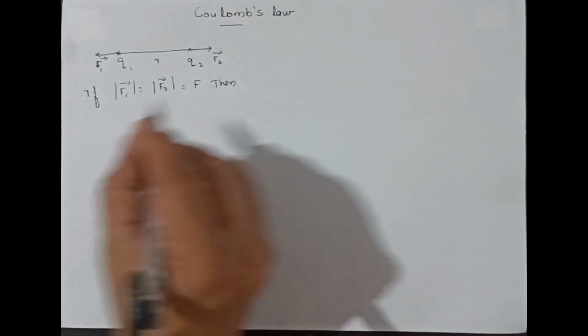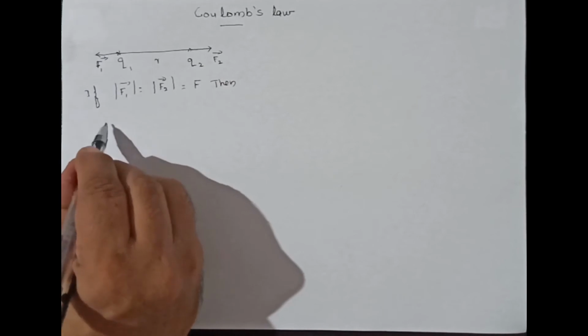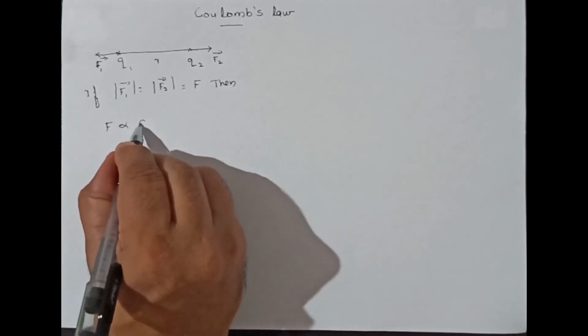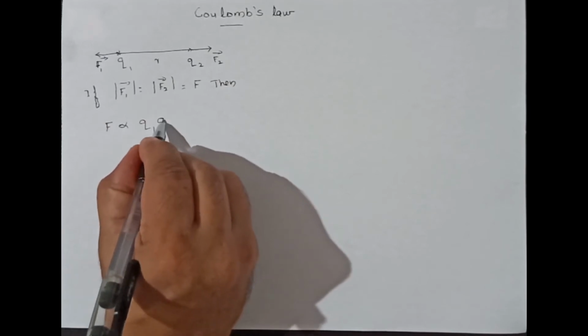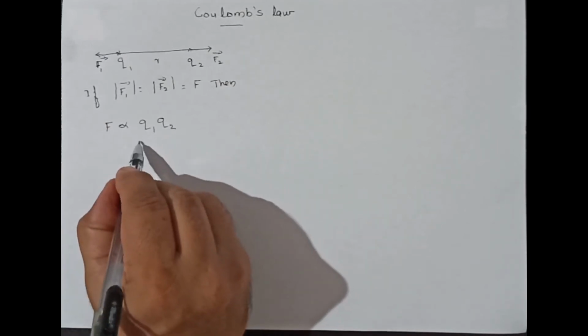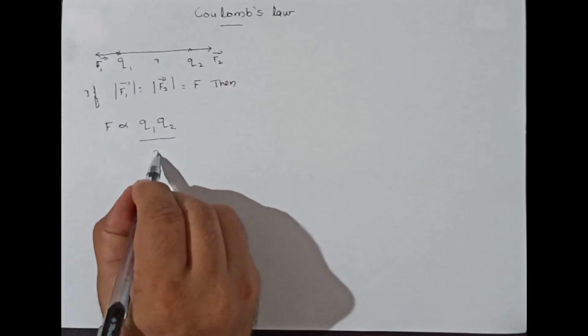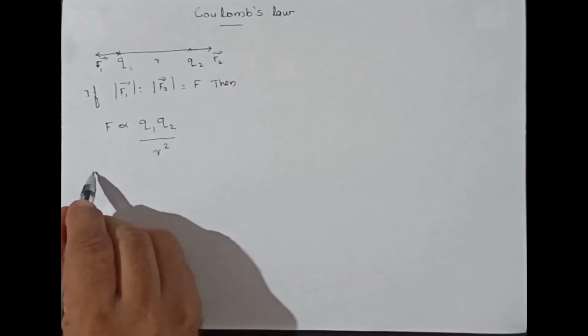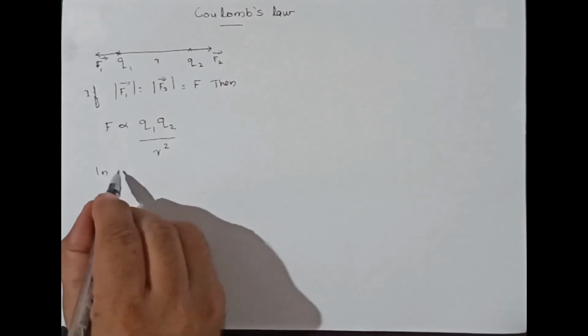So if we take the magnitudes of F1 and F2 as F, then by Coulomb's law, this electrostatic force between the charges is proportional to the product of the charges, Q1 Q2, and inversely proportional to the square of the distance between them.